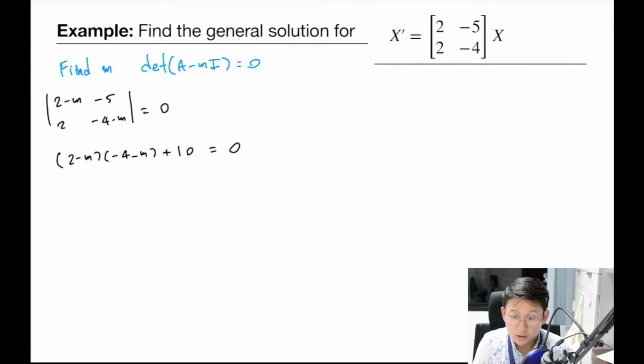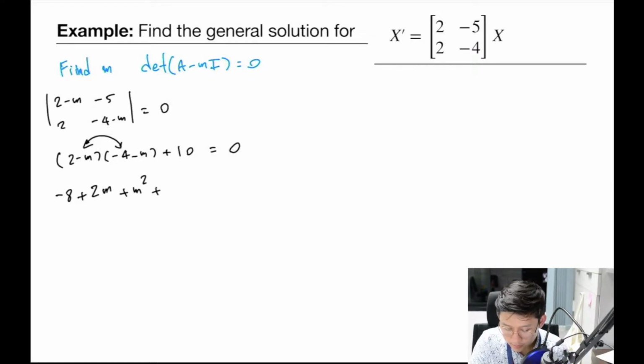Okay, that's the determinant. I think all of you already know how to compute the determinant. So here is minus 8, and then here is plus 4, here is minus 2m, so it is plus 2m, and then plus m squared plus 10 equals 0. So we have m squared plus 2m plus 2 equals 0.